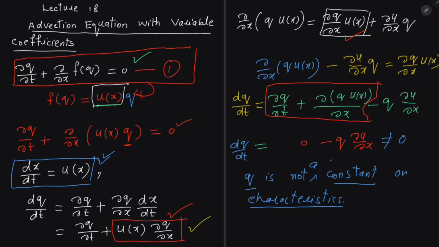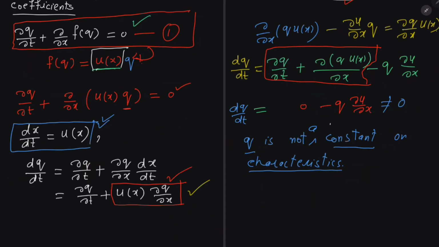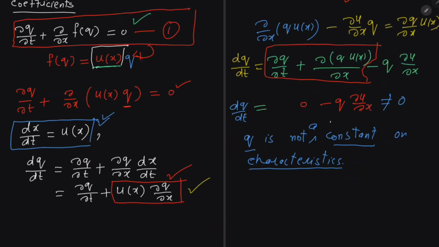It means that q travels on the characteristics, but the characteristics do not give us straight lines.